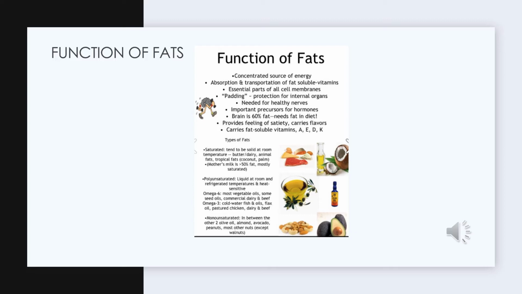So fats are a concentrated source of energy. They aid in the transport and absorption of your fat-soluble vitamins. Remember we said A, D, E, and K are fat-soluble vitamins, and we have to have fat in order to break those down. Fat is part of the cell membrane. It gives us padding in the form of fat, right? It helps to protect our internal organs.